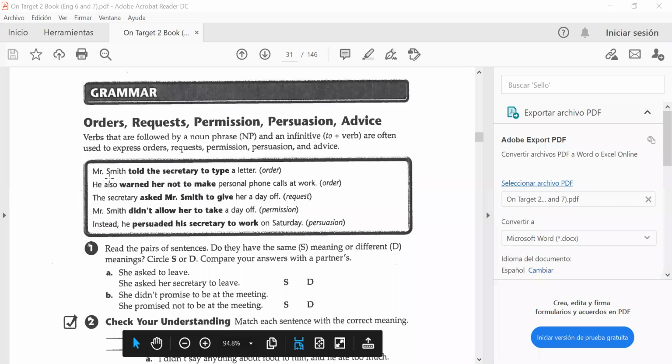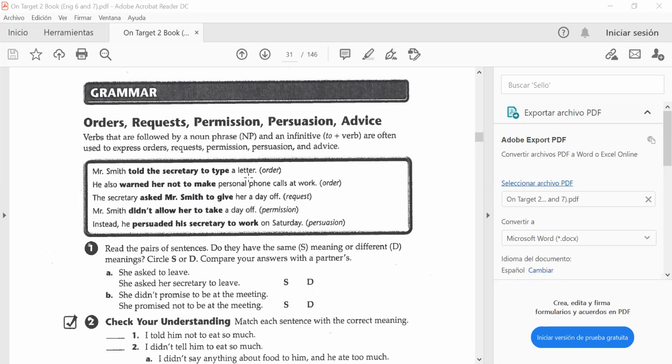Mr. Smith told the secretary to type. He also warned her not to make. The secretary asked Mr. Smith to give. Mr. Smith didn't allow her to take. Instead, he persuaded his secretary to work. Did you see that in all the examples we have the particle to?